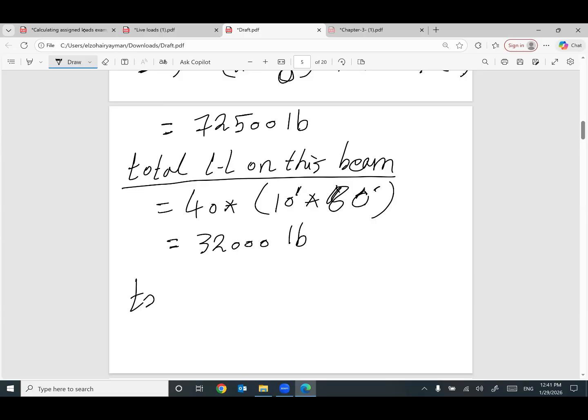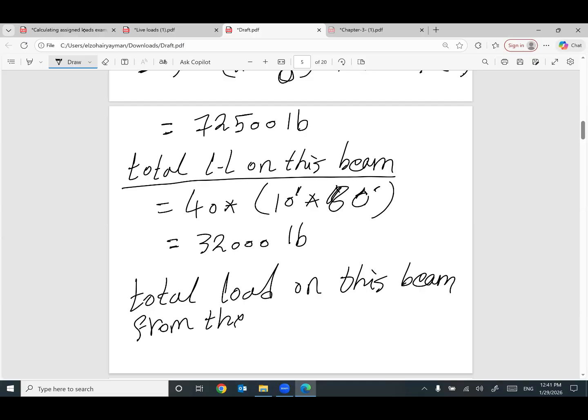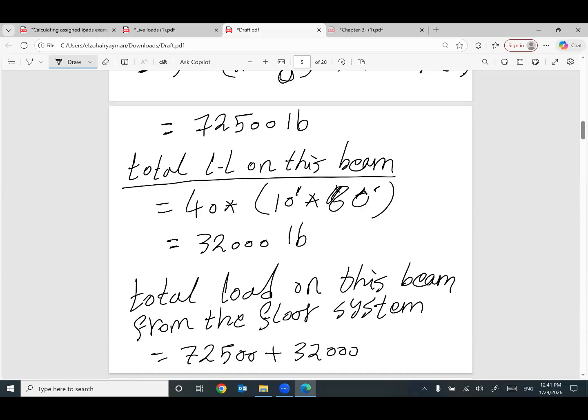So the total load on this beam from the floor system will equal 72,500 plus 32,000. So the total will be 104,500 pounds.